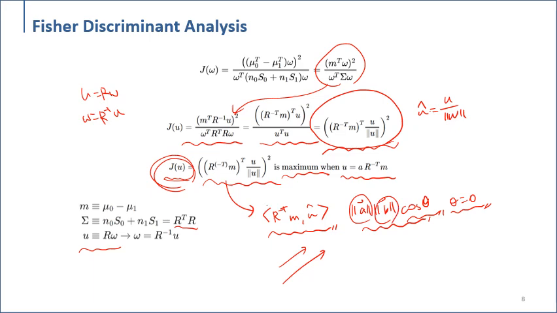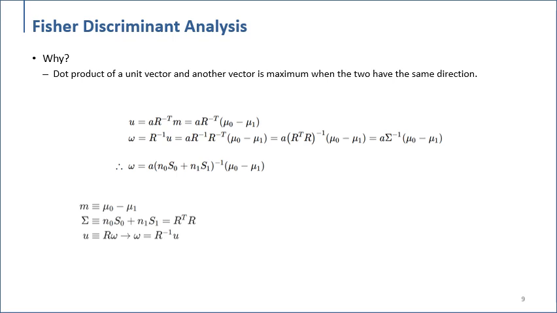That means two vectors a and b should be parallel. So to maximize this objective function, these two vectors should be rewritten as two parallel vectors, and from that u should be parallel with R inverse transpose m, a scalar multiplication. Let me summarize these previous results.